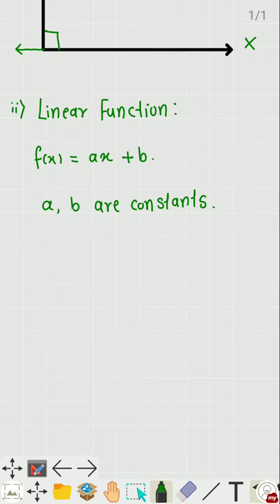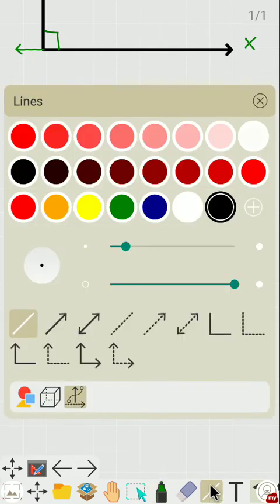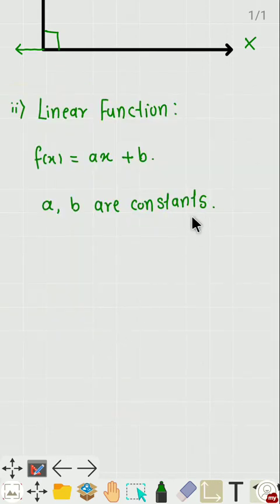The graph of the function is a straight line. That's why this function is called a linear function. Let us try to draw the graph of this function. Once again we choose the xy coordinate system like this.